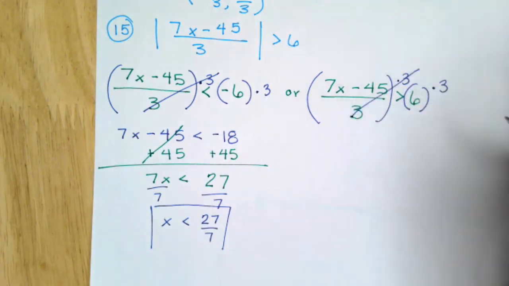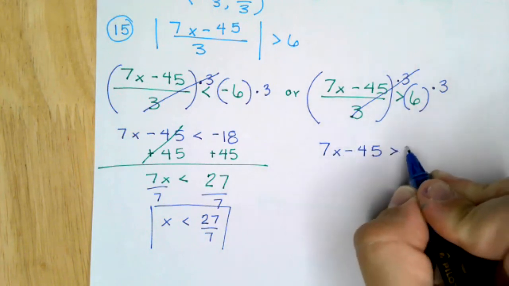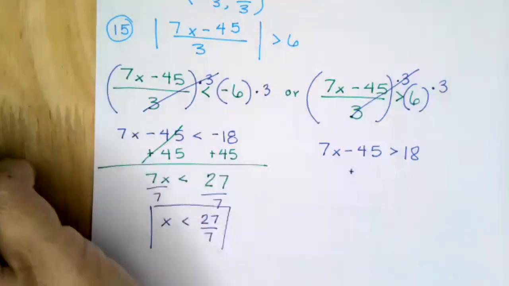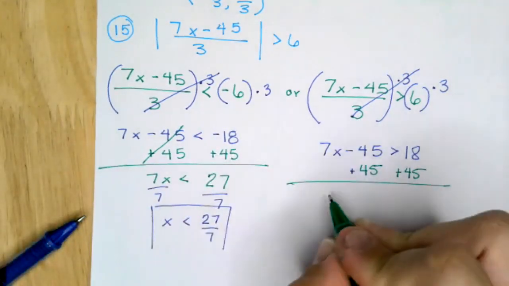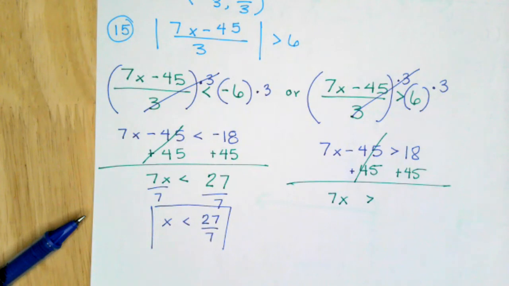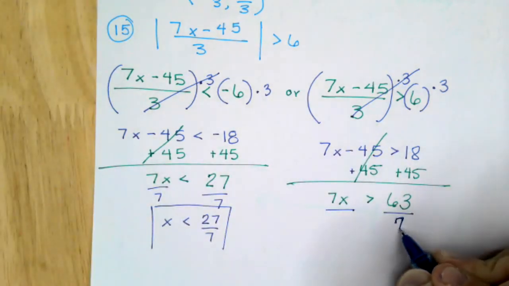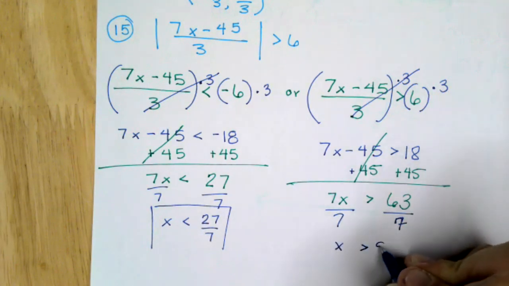Here, the 3's cancel. 7x minus 45 is greater than 18. Add 45, add 45. 7x is 63. 63 divided by 7 is 9, right? Let's make sure. Yes. All right, so x is greater than 9.